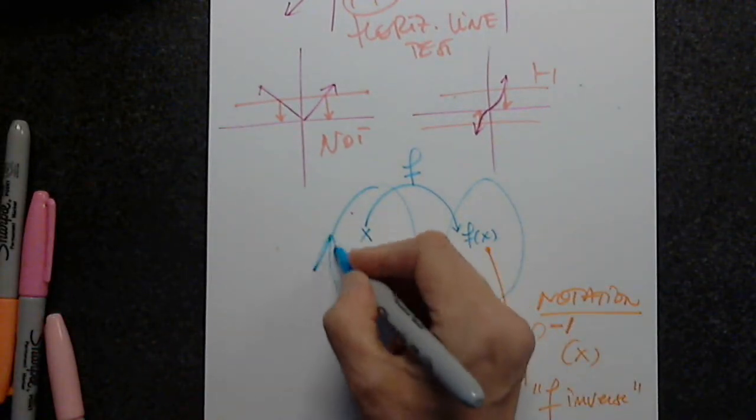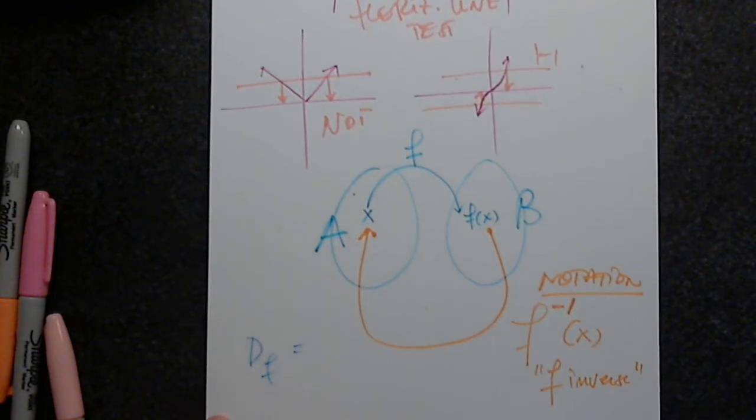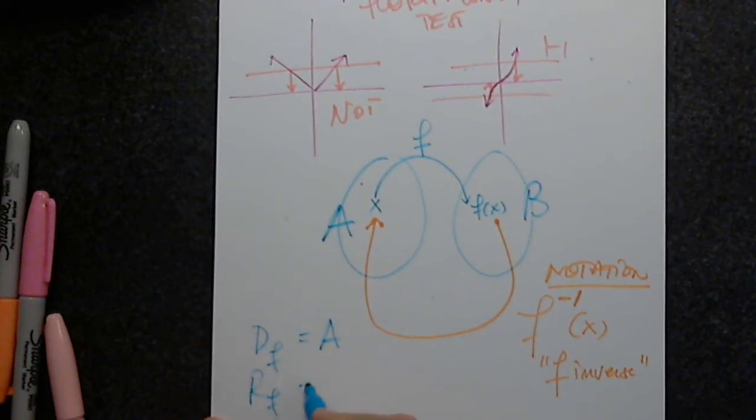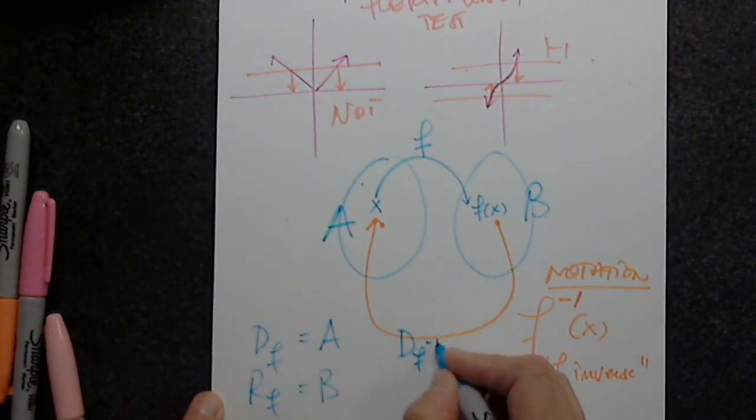So if this is set A and this is set B, can anyone identify the domain of f? A. Can anyone identify the range of f? B. Can anyone identify the domain of f inverse?